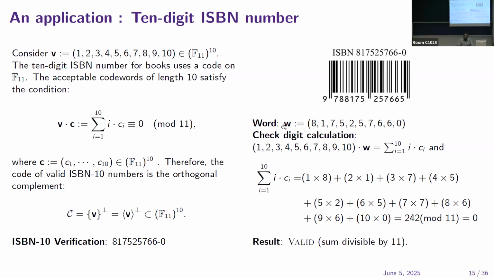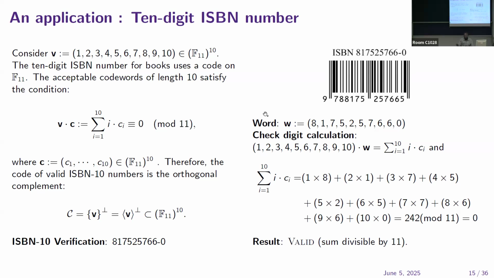We verify this example. We have w equal to 8175257660. We compute and we obtain 0. Now this code is valid. Okay, example 2, another application of the dual, to verify this code.